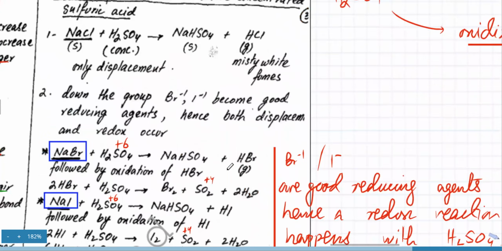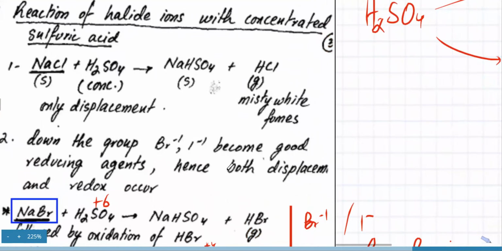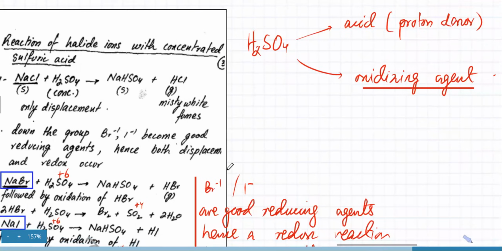Okay, this is what we talked about. Down the group, Br- and I- became good reducing agents. Now, what happened with NaCl? NaCl did not have a redox reaction. Why? Because it's not a reducing agent. So there is absolutely no redox reaction happening.